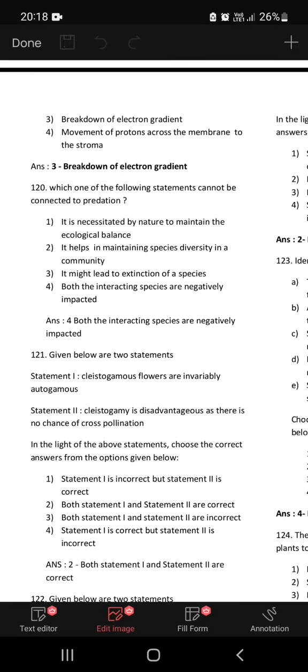So even this is a correct statement. Third, it might lead to extinction of a species. That is also correct. Both the interacting species are negatively impacted. This is a wrong statement. The predator is positively impacted, the prey is negatively impacted. Both the interacting species are negatively impacted only in competition.